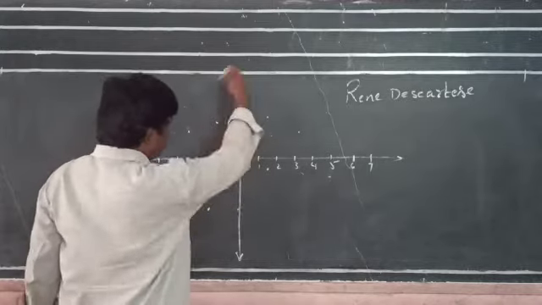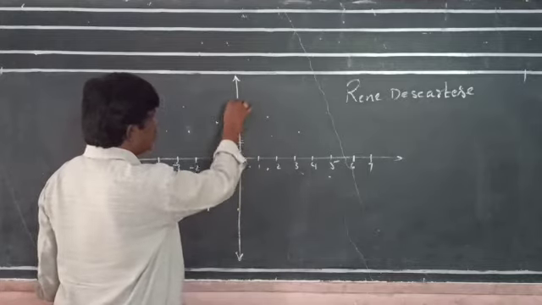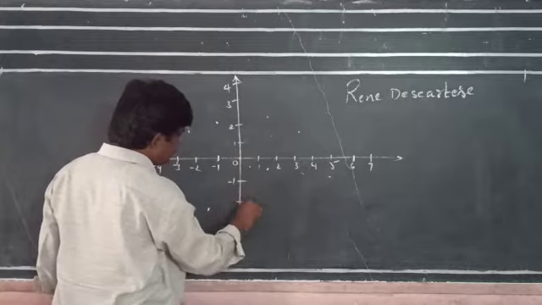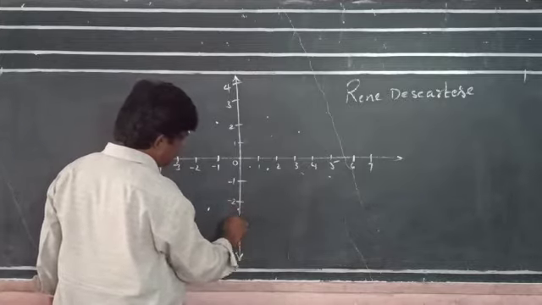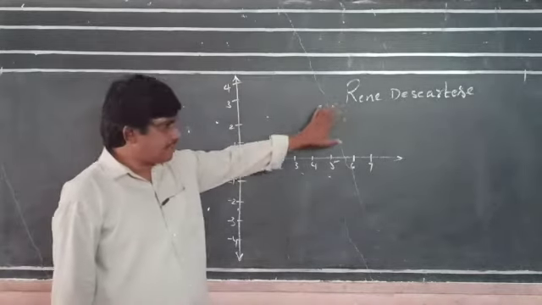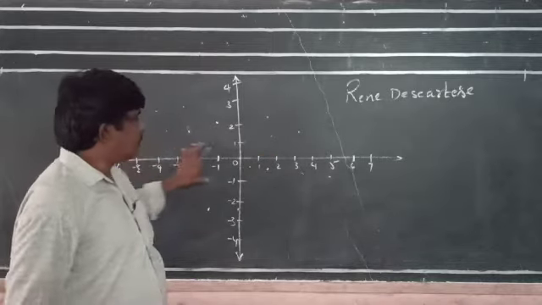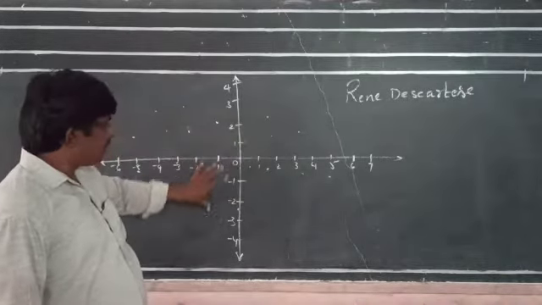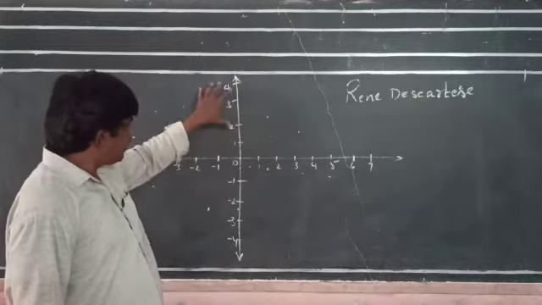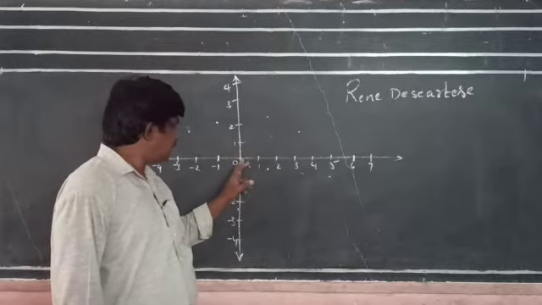Above the 0, he took 1, 2, 3 and 4, and falling down it is -1, -2, -3, -4, and so on. So Rene Descartes drew two number lines, mutually perpendicular to each other, on the plane, and the intersecting point he took as 0.